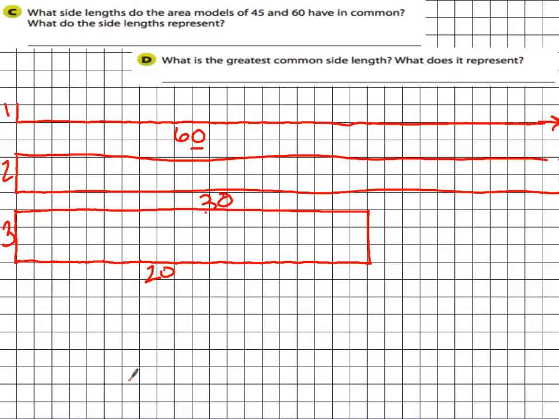I know 60 is divisible by 4. So 1, 2, 3, 4. And that'll be 15. So if this is 20, 19, 18, 17, 16, 15. So again, 4 by 15.